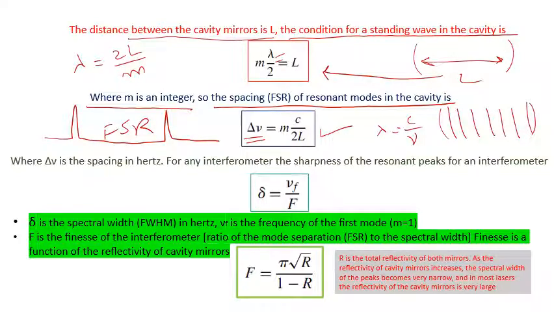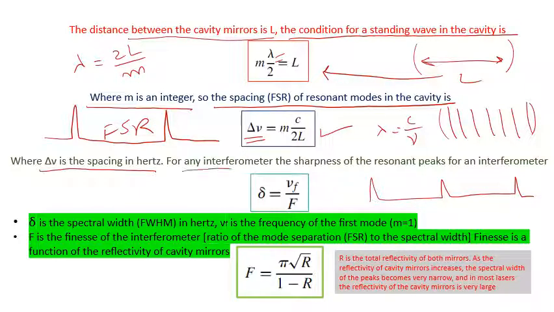So basically we can find the FSR using this formula. One gives the wavelength, the other gives the frequency, and this delta nu is a spacing, and its unit will be hertz.